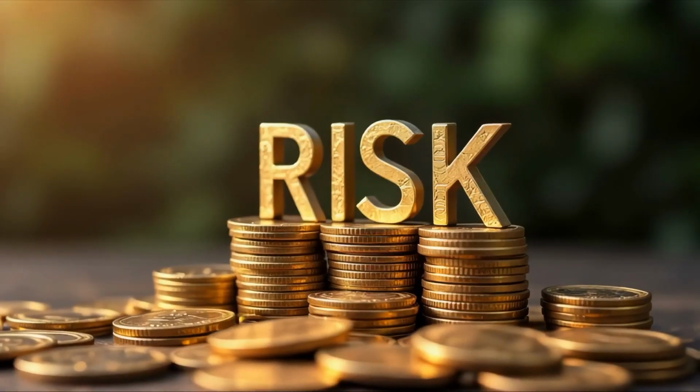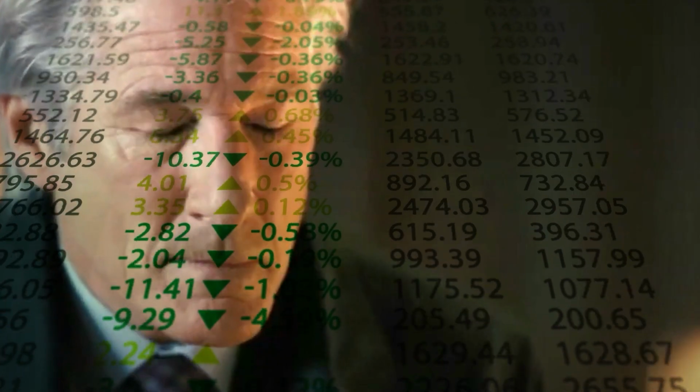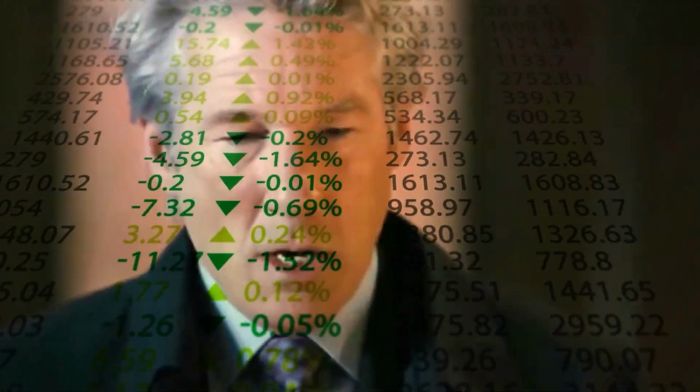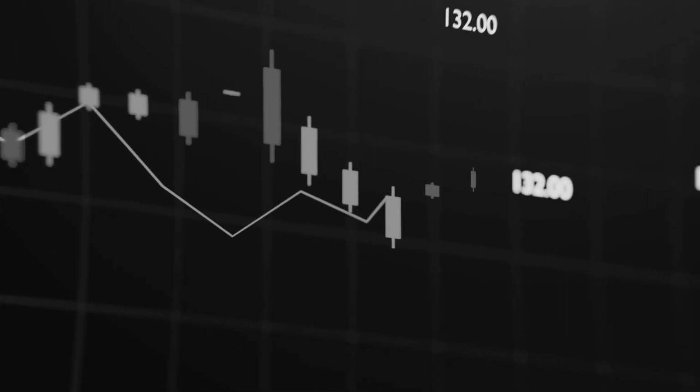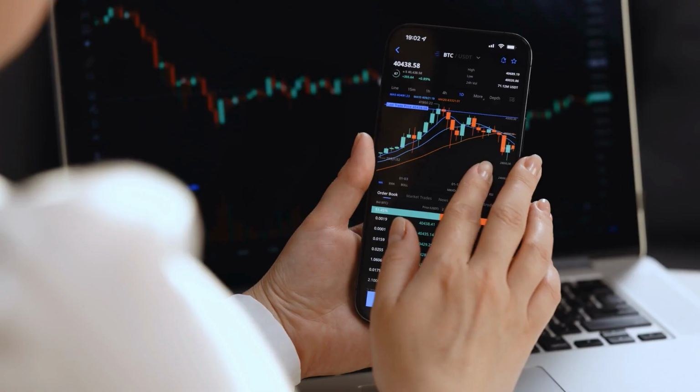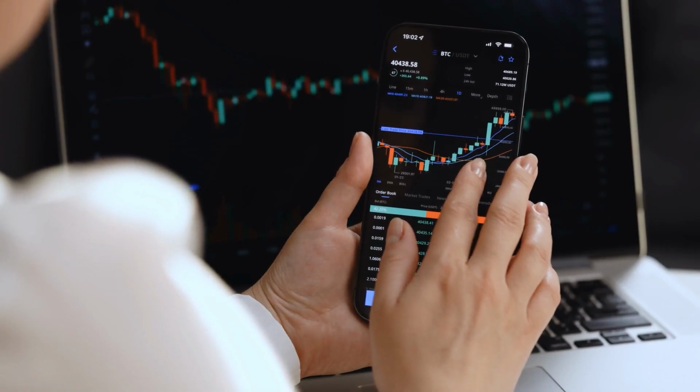Evaluating risk management effectiveness. Implementing risk controls isn't enough. You also need to evaluate their effectiveness. 1. Performance review. Regularly compare expected risks with actual results to see if your risk models align with real-world outcomes. If they don't, adjustments need to be made. 2.